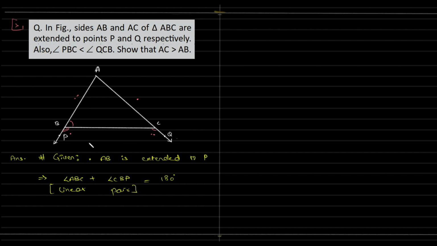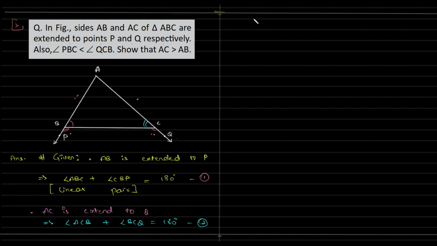This is equation 1. Then AC is extended to Q, so we can say that angle ACB, this particular angle, plus angle BCQ is equal to 180 degrees. We'll call this 2.